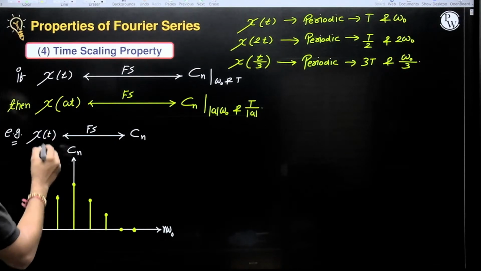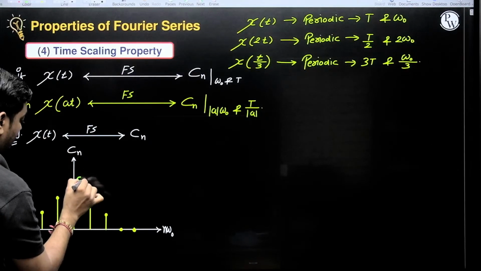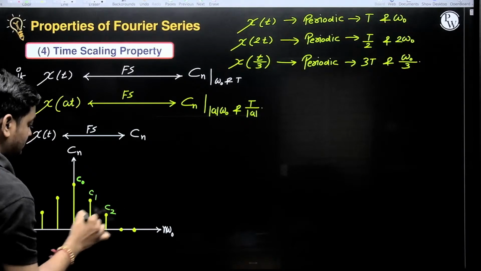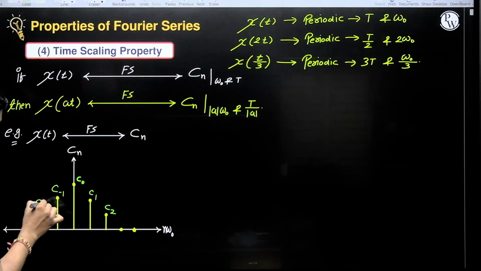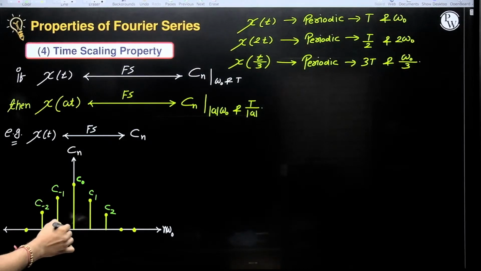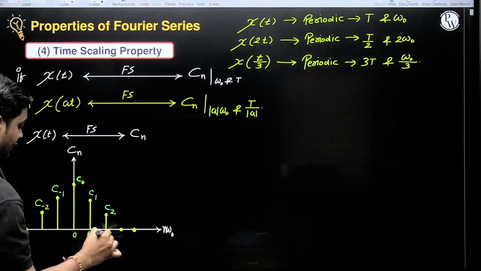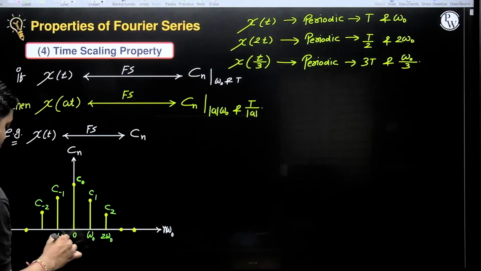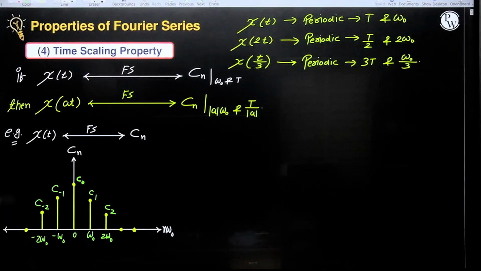Let us consider this is C0, this is C1, C2, and this is C minus 1, C minus 2. This is 0, then omega 0, 2 omega 0, 3 omega 0, and so on, minus omega 0, minus 2 omega 0, and so on. Clear?